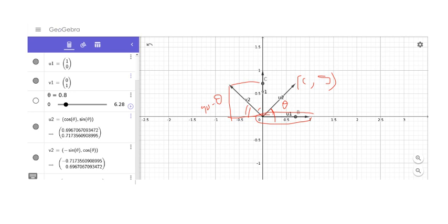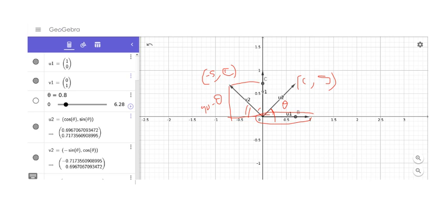So the x coefficient is minus sin theta and the y coefficient is cos theta. So these are the coordinates of this point. So if you rotate 1 0, that will be cos and sin. If you rotate 0 1, that will become minus sin and cos, right?